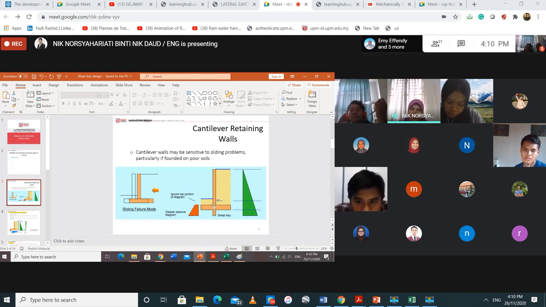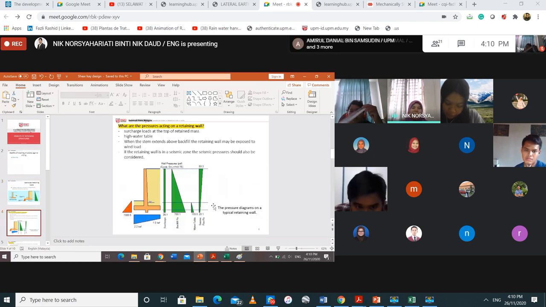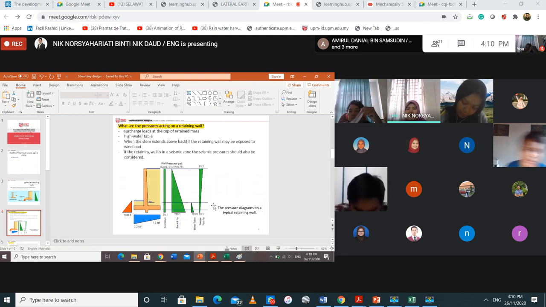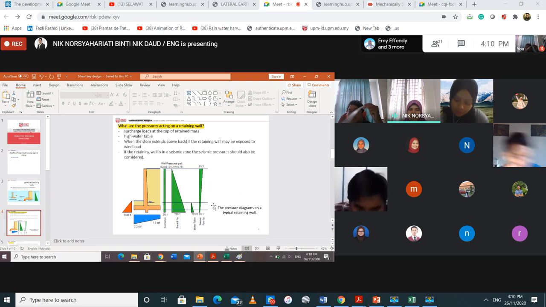That is a different approach to prevent sliding. Of course it depends on how the engineer designs it, going back to the design criteria and requirements of the wall. This is just to refresh you.